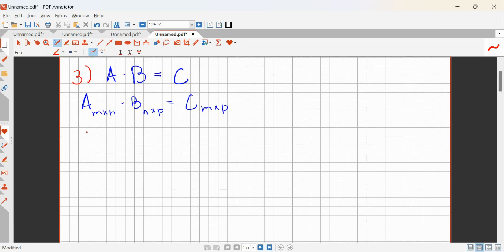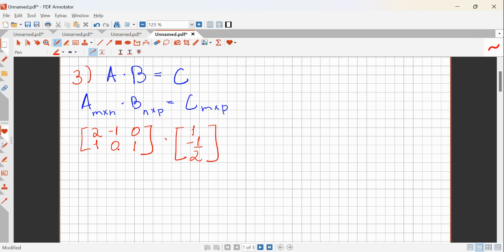We started with matrices of size 2 by 2. Let's do it again, but not 2 by 2, let's say 2 by 3. All right, 2, 1, minus 1, 0, 0, 1 times 1, minus 1, 2.